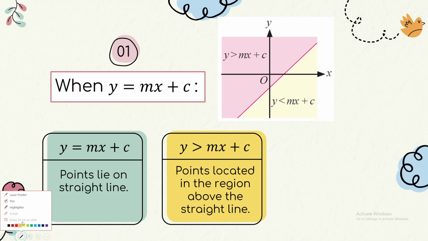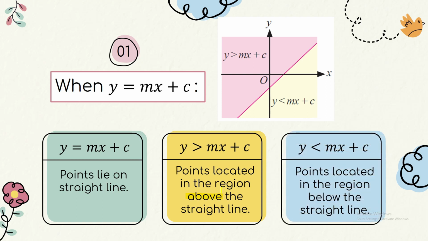That is the keyword, above. Next, when y lower than mx plus c, the points are located in the region below the straight line, this area, the yellow color.